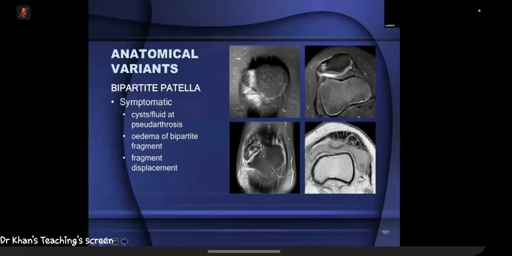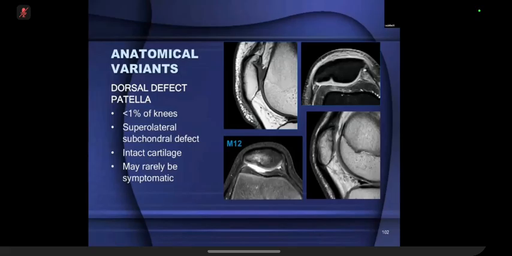And the fragments can be displaced with associated knee joint effusions. So if you see these associated findings, then you can call them a symptomatic bipartite patella, which I must say is less common. Another important normal anatomical variant is the dorsal defect of patella.